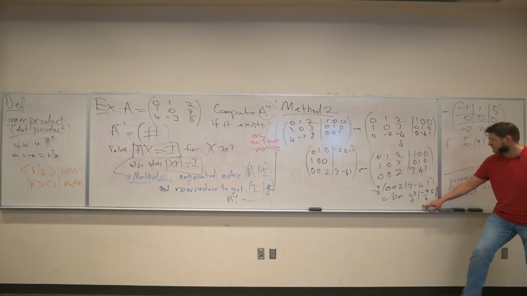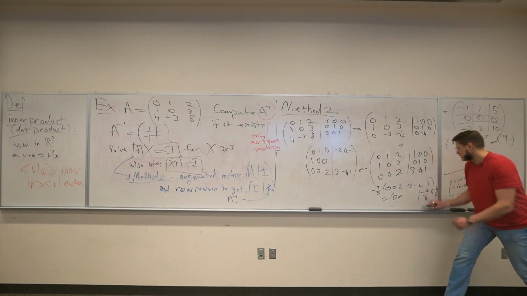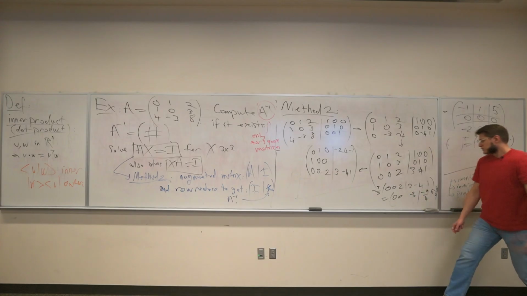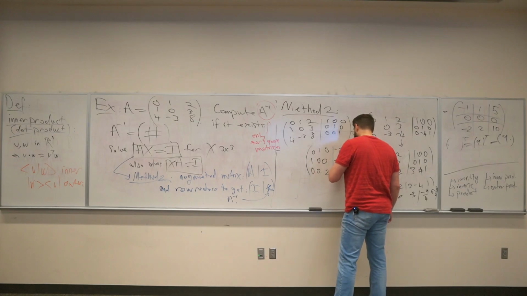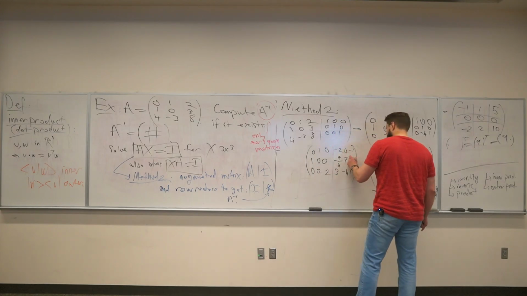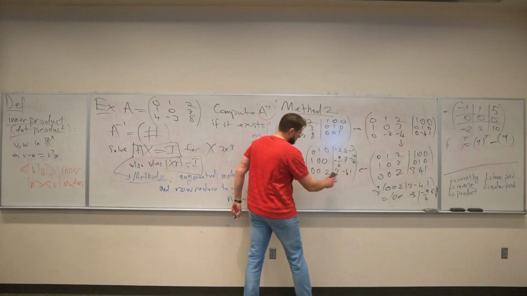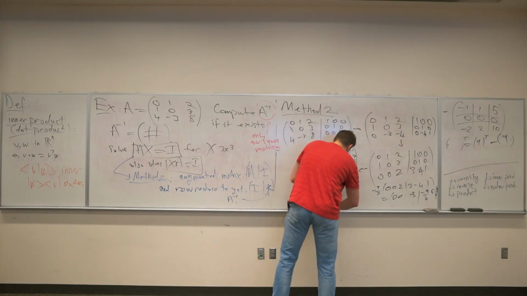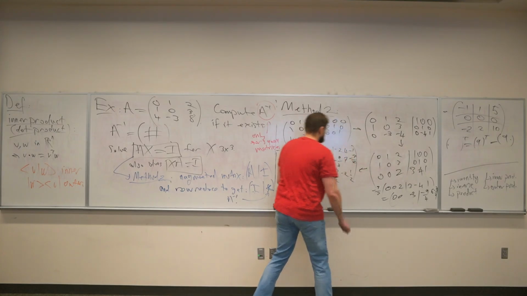So I need to add this to this. Hang on a minute. Oh, this should be minus 3. Add this to this. I have minus 9 over 4 here, 7, and then minus 3 over 2. And then I might as well just get rid of this as well by 2, minus 2, 1 over 2.